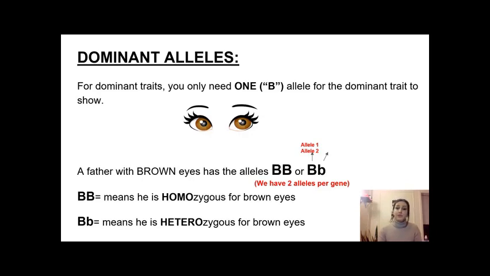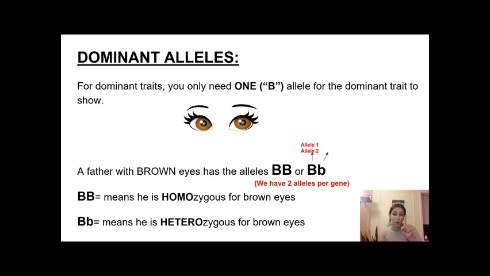Okay, so as for dominant alleles, for a dominant trait to show, you only need one big B allele. For instance, if a father has brown eyes, remember, every person has two alleles, so we have to have two letters indicating that. So a father with brown eyes has either BB, big B, big B, or big B, little b.